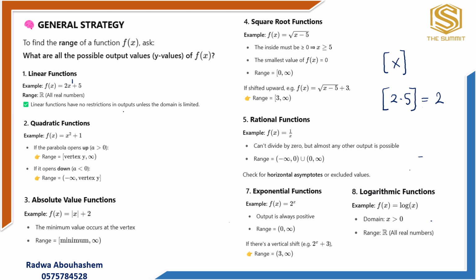It has to be an integer. So the range for it would be the integers. And also you have to pay attention to the shift. Maybe it's something like this, so it would start from 3, 4, 5, and so on.